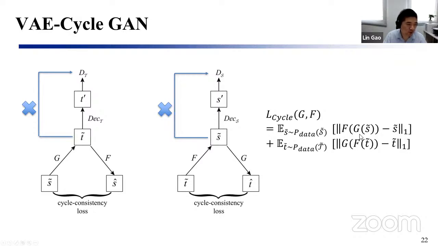The difference between the returned position and the source code should be small. And in the other direction, with the F function the target code goes into the source space, and with the G function it goes back to the target position. The difference between these two codes should also be small. With this concept, we could define these two formulations. So this is the cycle loss.